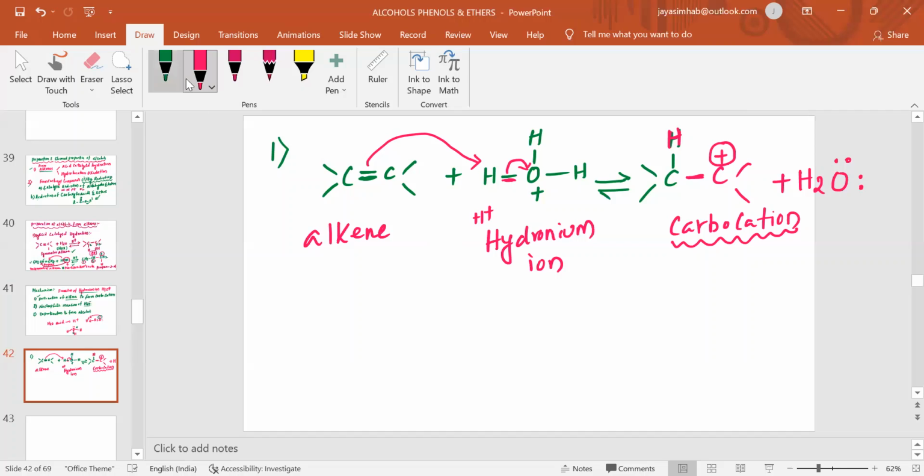So in the second step, what will happen? We'll see. The same water molecule will again attack the carbocation. This is the carbocation, and this is the hydrogen that it has attached already. It has two hydrogens.